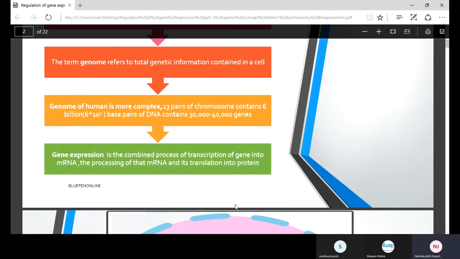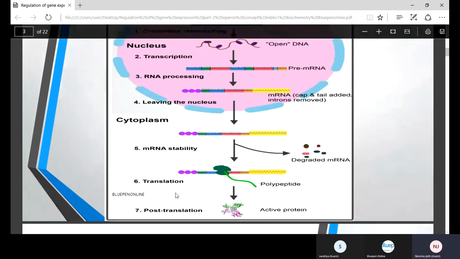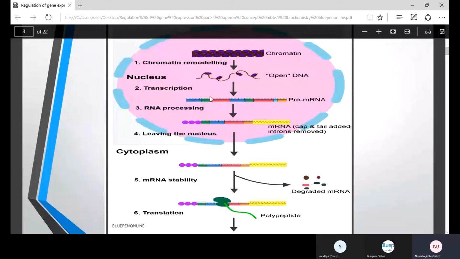Next, you can see from this diagram, chromatin remodeling, then transcription occurs. What happens in transcription? Premature mRNA is formed. We know RNA processing, poly A tailing, methyl capping and all those things. Then we can synthesize this mature RNA by post-transcriptional modifications or RNA processing.